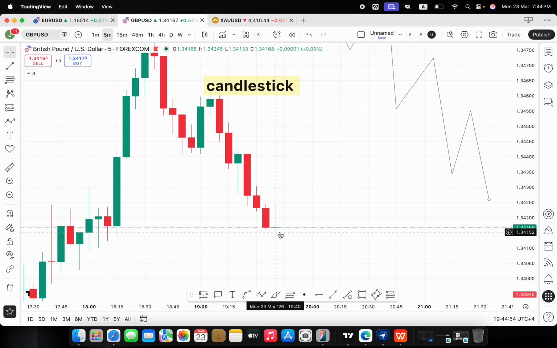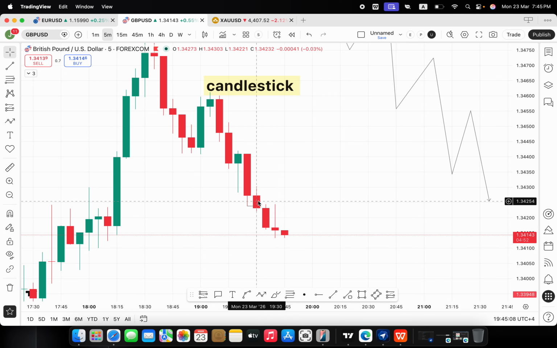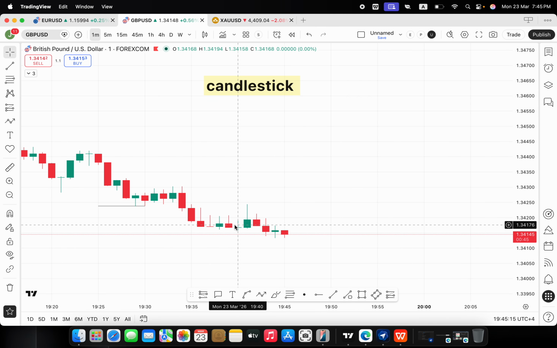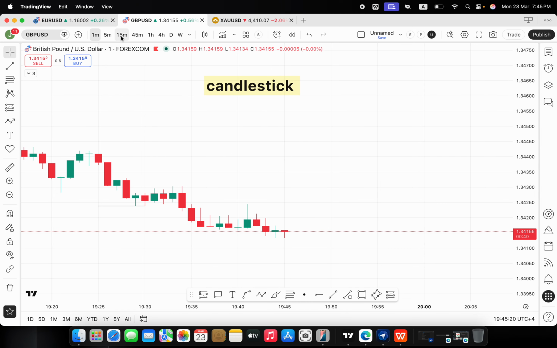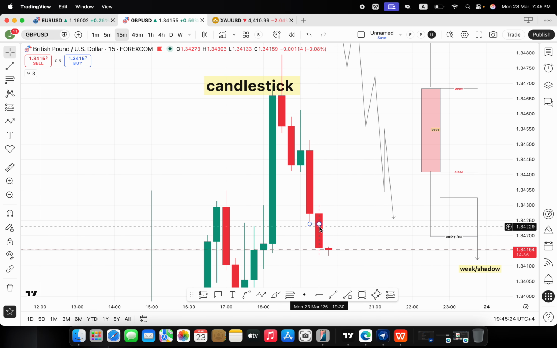Whenever you hear people say time is money, trust me, most of them don't understand what they are saying. But in the forex space, you get to know that time is actually money. So every candlestick you see here is everything that happened within 5 minutes because I'm on the 5 minute time frame. If I move down to 1 minute, each candlestick you see here represents what happened within 1 minute. Then when I move up to 15 minutes, whatever candlestick you see here is what happened within 15 minutes.